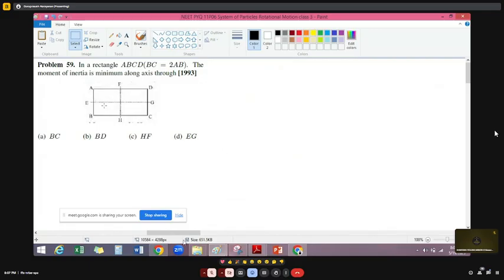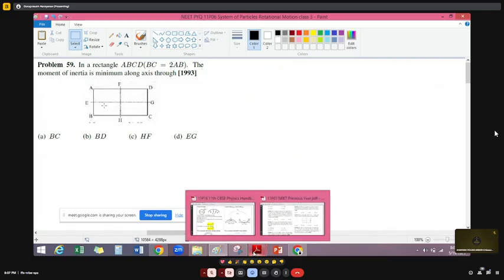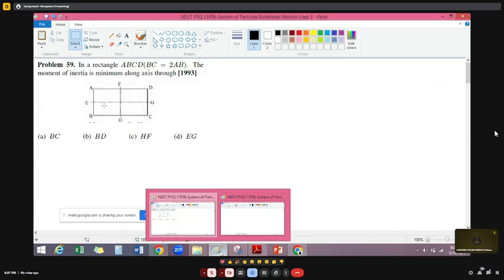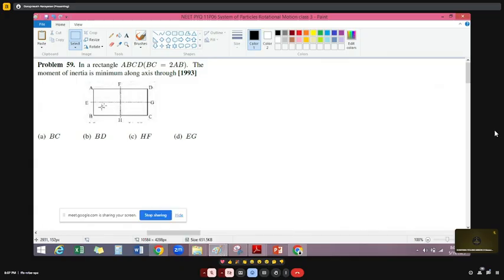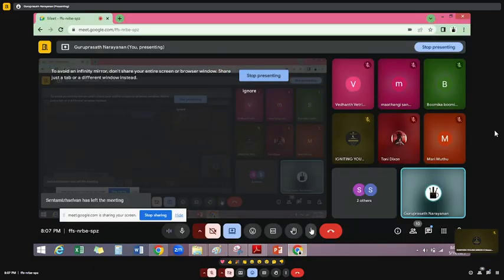Try this. Just a second, I'll be back in a minute. It's an easy one. You just have to think which axis will give you the masses not spread too far away from the axis. That will have the minimum moment of inertia, right? So find out which one it is. I have a student here. Let me answer him and I'll be back in a minute.